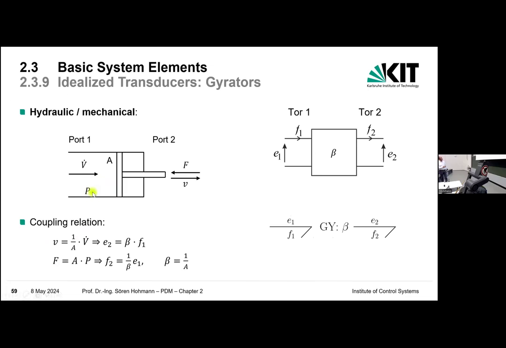Pressure times the area gives the force, so force corresponds to A times pressure. Now we have the relation: pressure is equivalent to a flow variable, and the velocity corresponds to the effort variable, and on the right-hand side we have the flow variable.